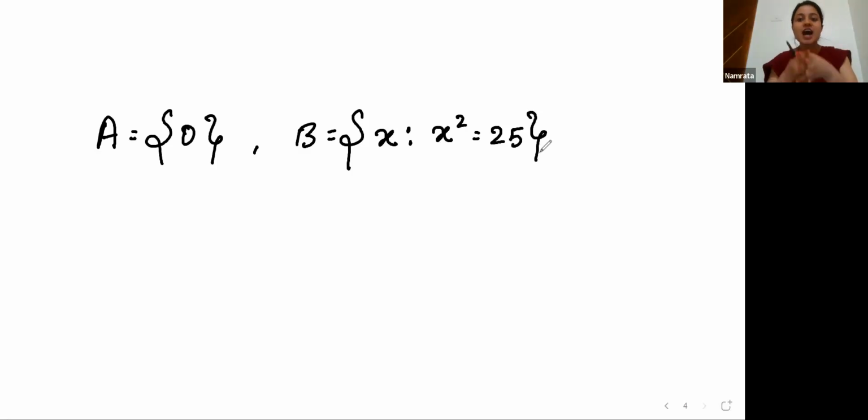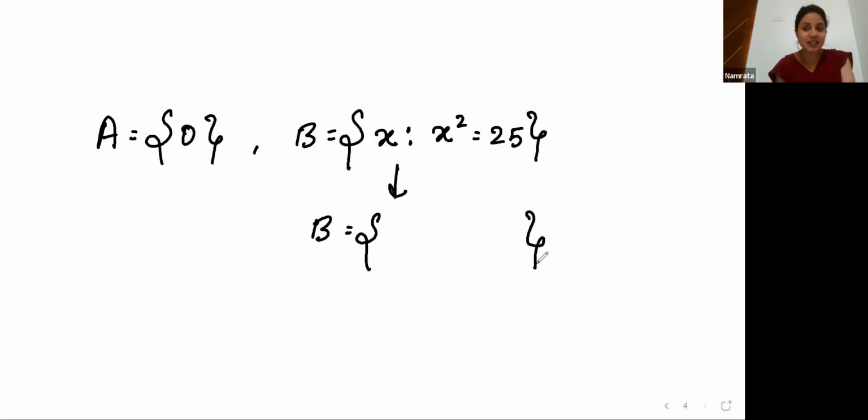Yesterday we discussed how to convert a set from set builder form to roster form. So let's write it in roster form because that is simple to understand. When we write this set in roster form, can you tell me what will be the elements of the set?